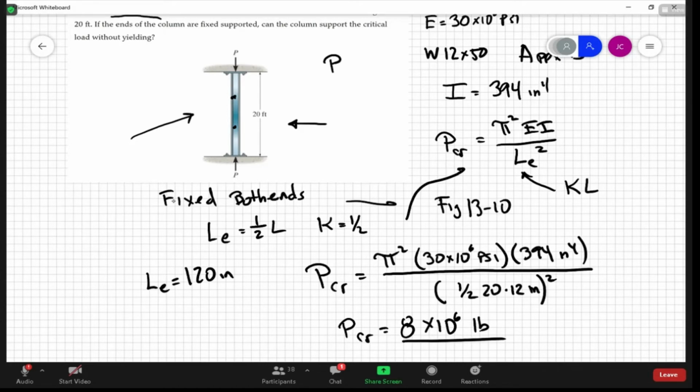Just for the heck of it, let's see what the P over A failure load would be. In that case, we just need to know the area, which we can get from Appendix B. For a wide flange 12 by 50 beam, the cross-sectional area is equal to 14.7 inches squared.